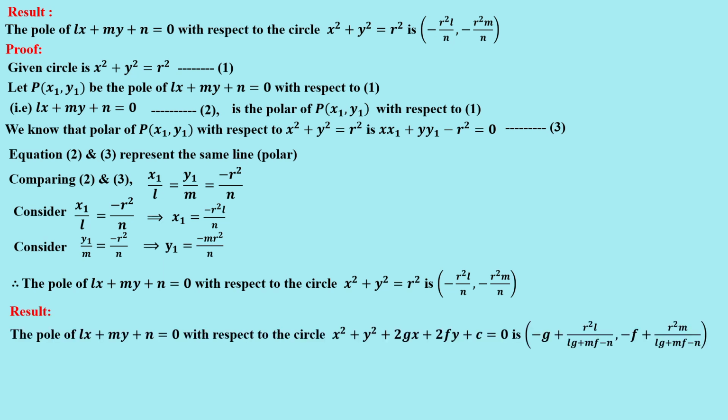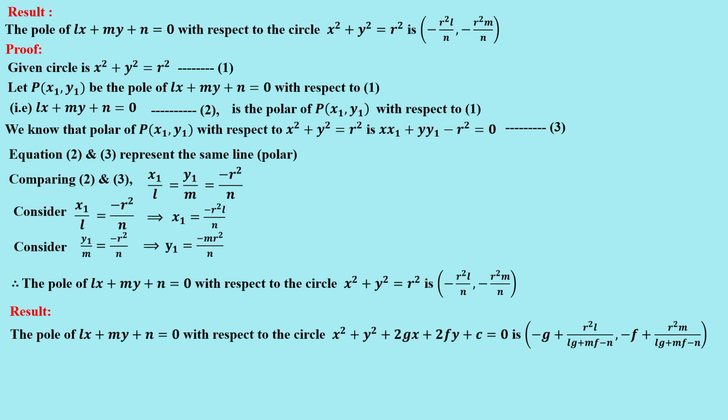Next theorem, the pole of Lx plus My plus n equal to 0 with respect to the circle in general form. In the previous case the circle passes through the origin with radius r, right? Here the circle is in the general form, x square plus y square plus 2gx plus 2fy plus c equal to 0.